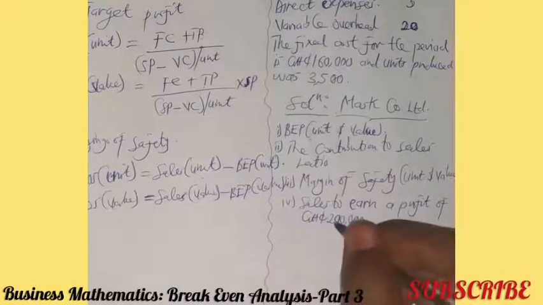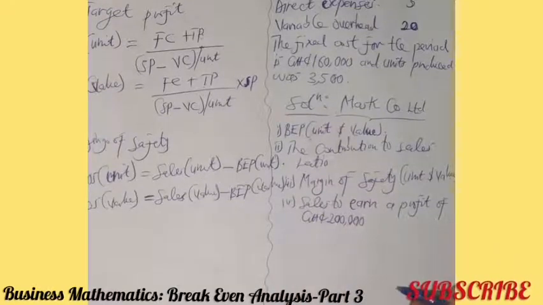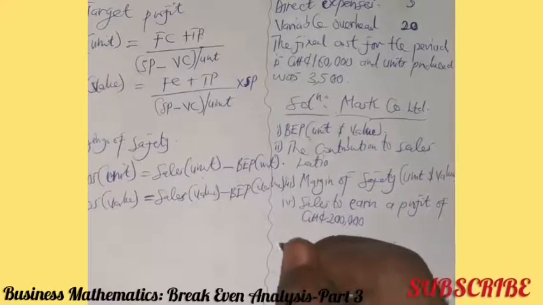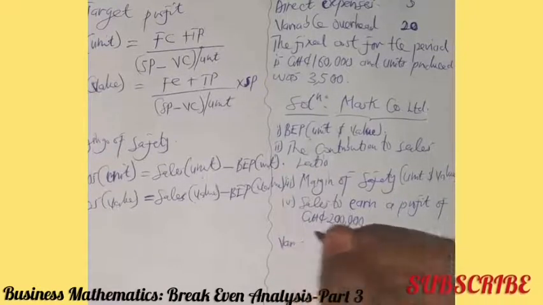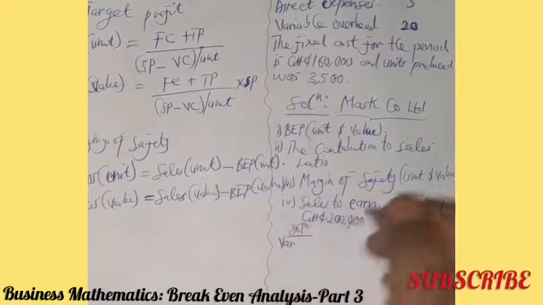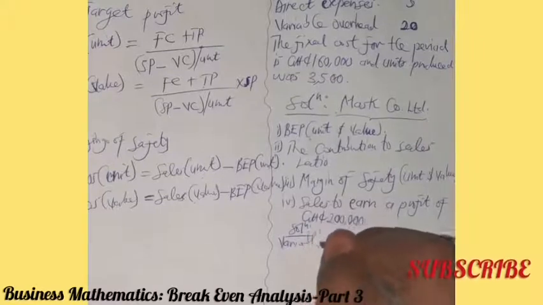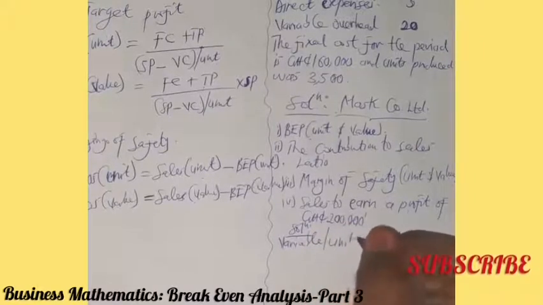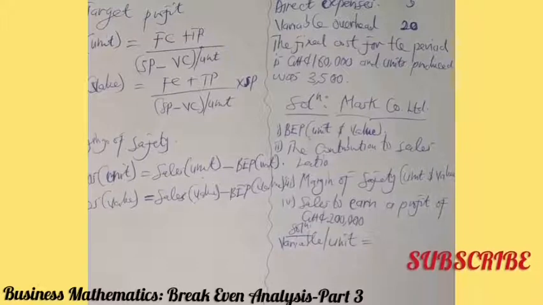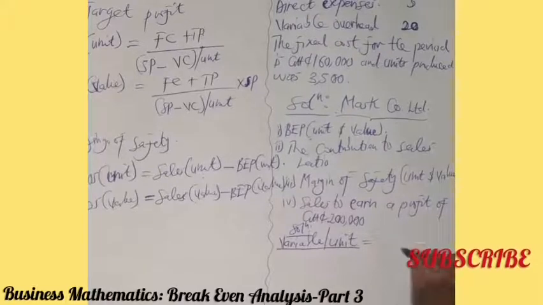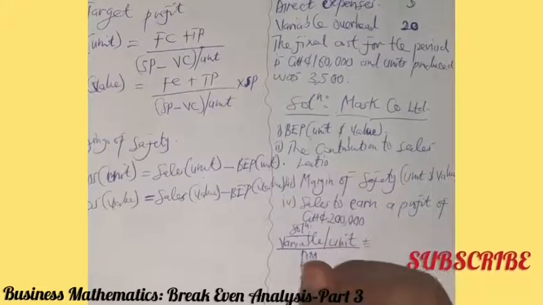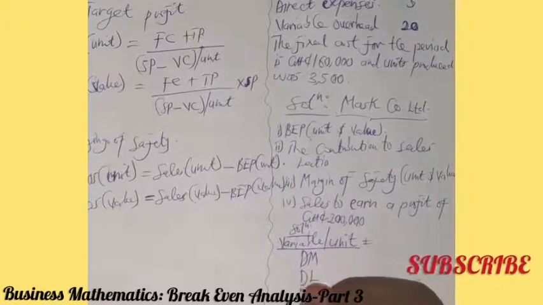So here I need to compute my variable cost per unit. So this is what I will do. My variable cost per unit will be equal to, how would I go about that? I'm taking into consideration the items I'm dealing with: direct material, direct labor, and direct what?